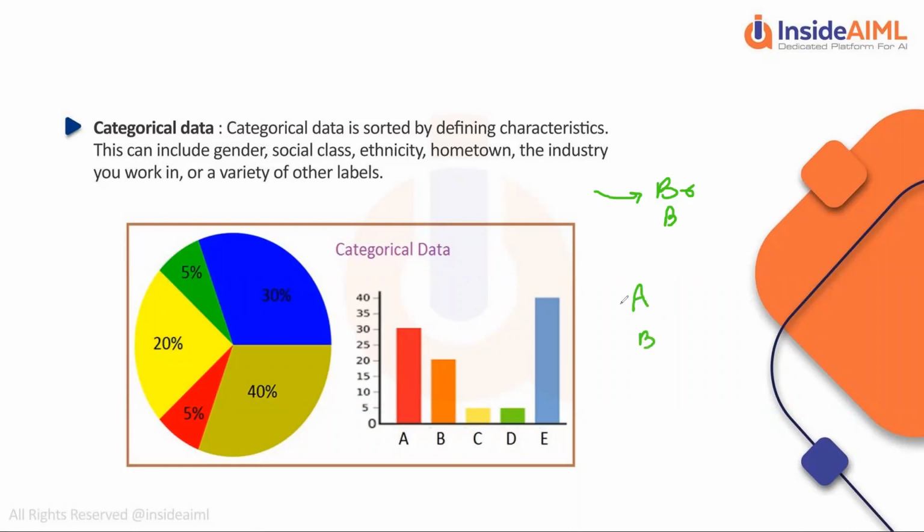So these are all categorical data. You have different categories or different classes. Similarly, cities like Chennai, Bangalore, Mumbai, Delhi are your categorical data.